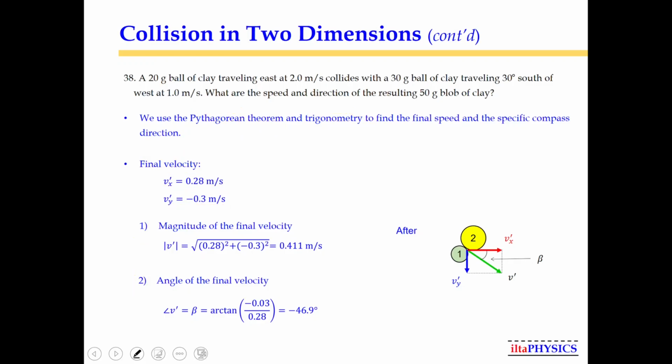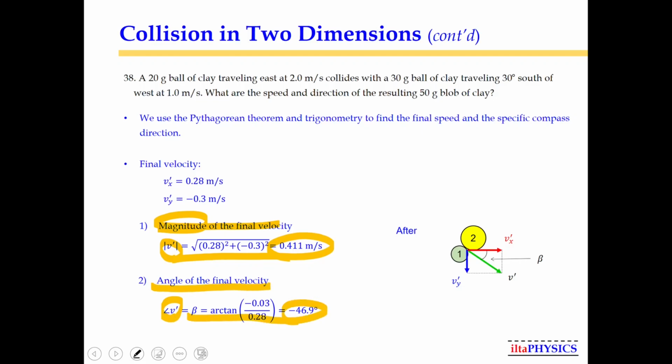According to the Pythagorean theorem, the magnitude of the velocity after the collision is 0.411 meters per second. Using trigonometric properties, the direction of the velocity after the collision is minus 46.9 degrees. As shown in the diagram on the right, this points diagonally downward from the positive x-axis.